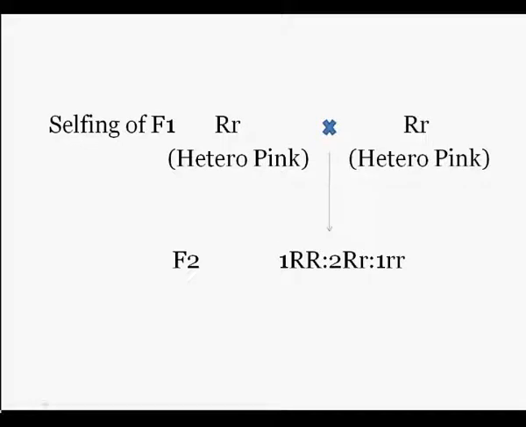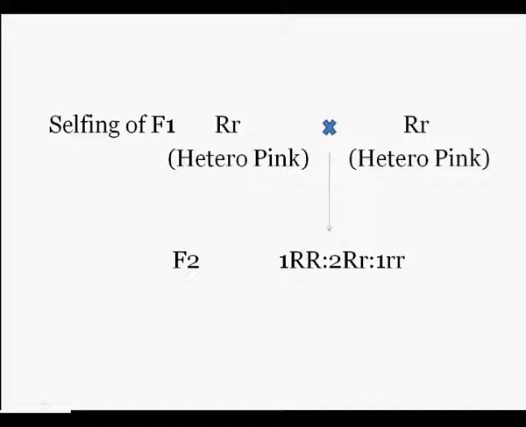Now, when selfing is done between two F1 individuals, what will happen? This capital R small r and again this capital R small r are both heterozygous in nature with the pink phenotype. The production of gametes will take place. We will have one gamete capital R and another small r. The same is the case here.